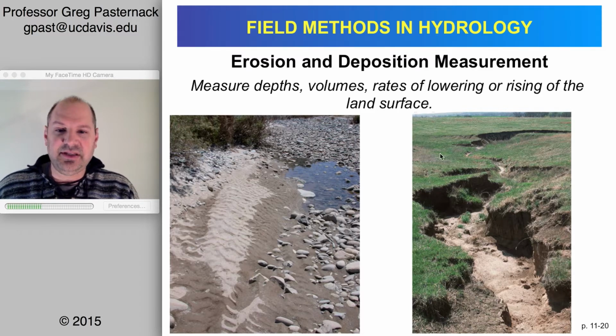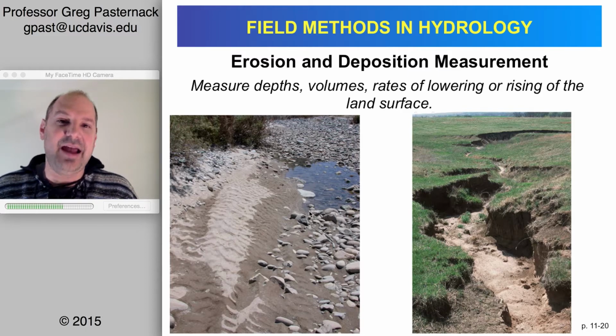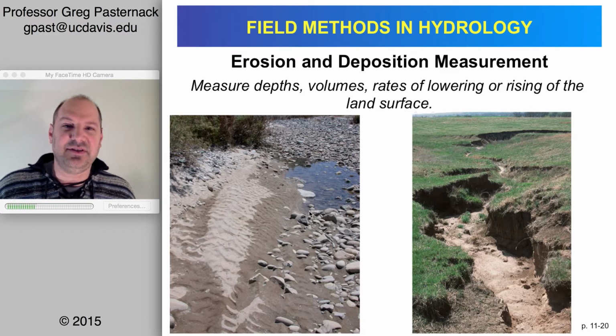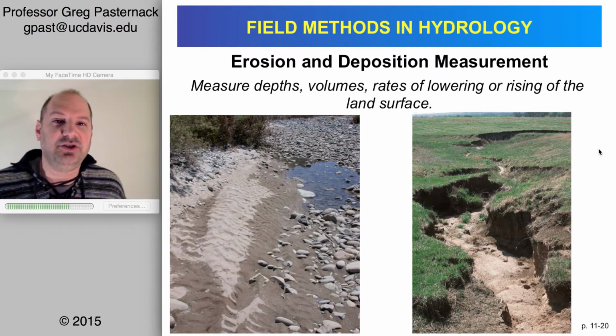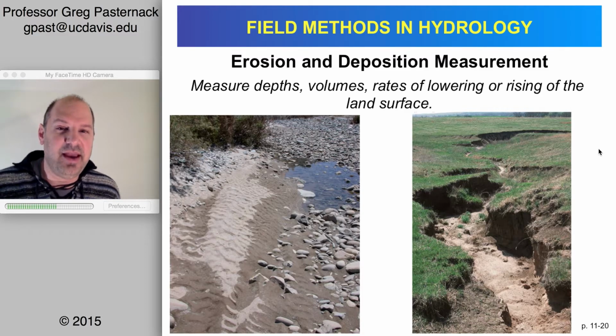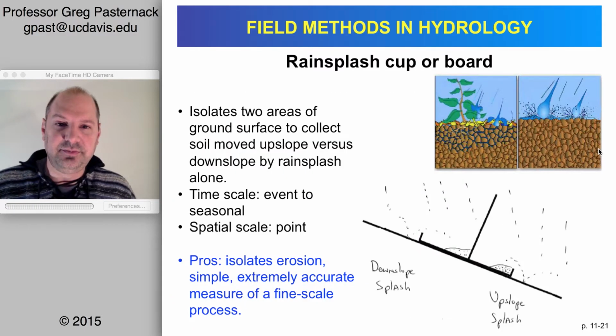And here are some examples, like deposition of sand in a channel, which could be good or bad. It's good for riparian vegetation recruitment, bad if you're the eggs of some fish. Here's a gully that's forming through an agricultural field, so maybe you're a hydrologist studying gully formation and remediation.